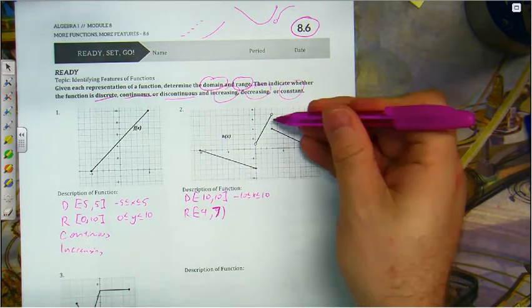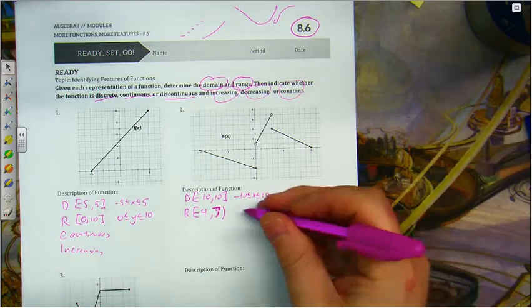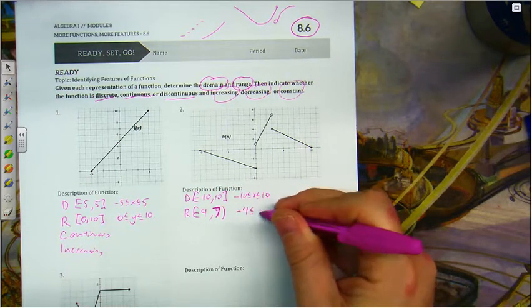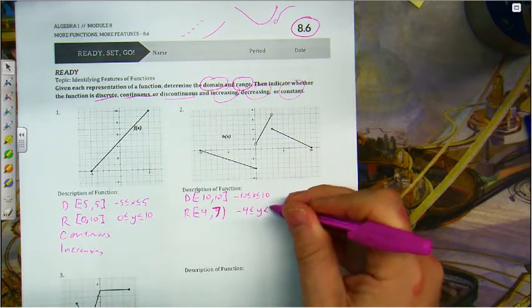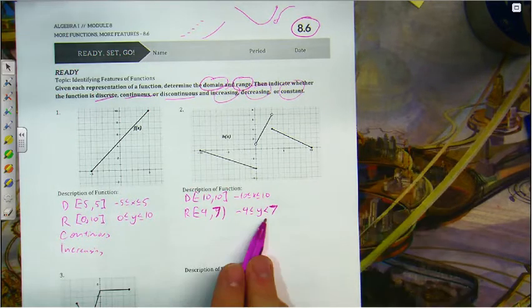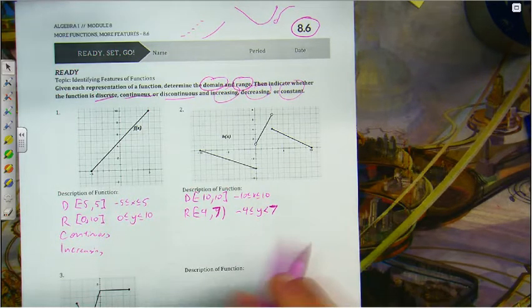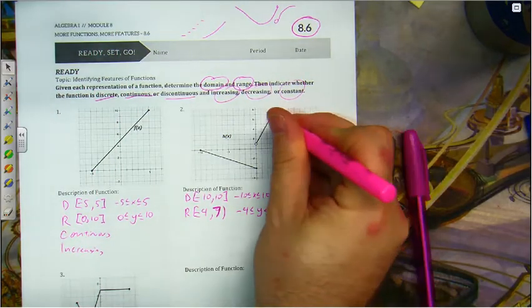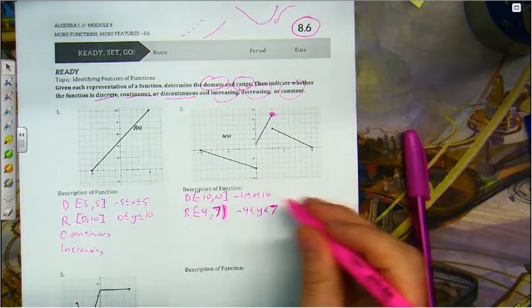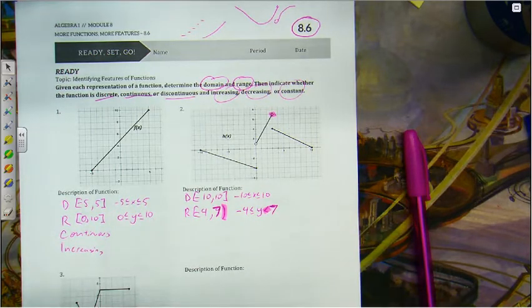Because the parentheses and the open circle communicate the same thing. -4 is less than or equal to y, which is less than 7. Same deal here. I use the less than symbol. So what I really want you guys to notice is that open circle, parentheses, and the less than without the or equals to sign are all communicating the same thing. That's that connections piece when we talk about our math habits of mind.